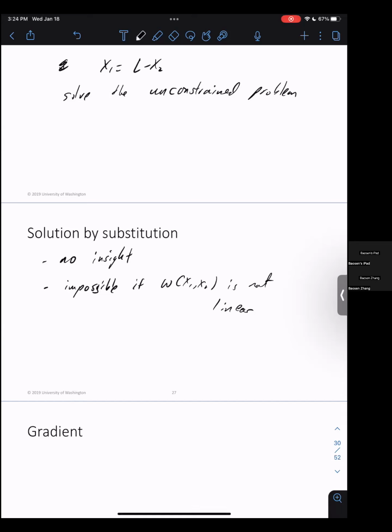Let's say your constraint is x1 squared plus x2 squared equals L. Then it's a much harder substitution problem. We don't typically encounter this too much in power, since most constraints are linear, like power generation from the first generator plus the second generator equals the load. But for power systems, it might not always be linear.